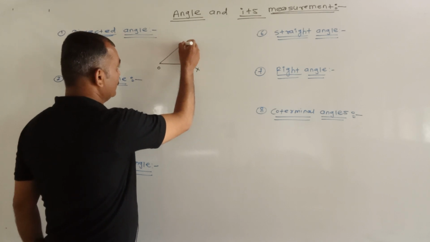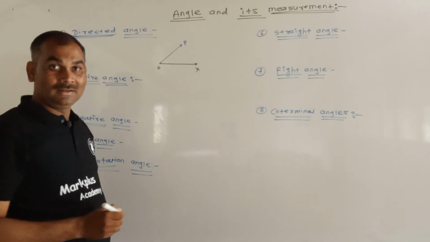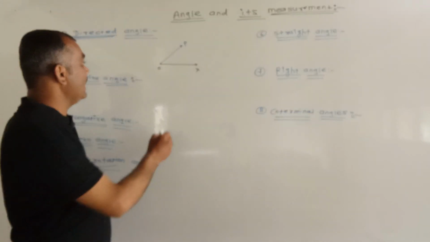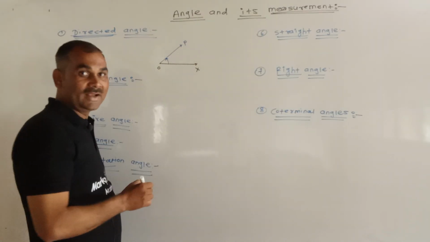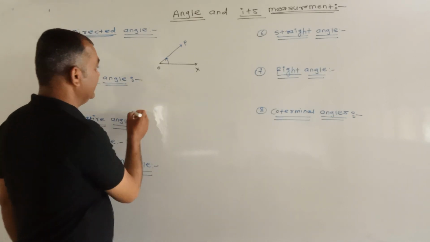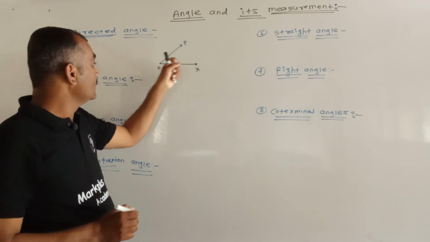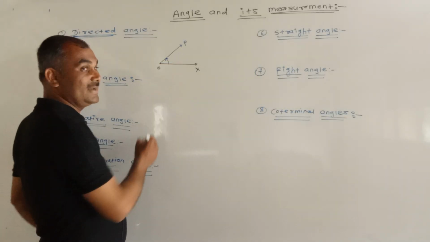Suppose this is P, we call this OP. Then the angle made by the initial ray OX and the terminal ray OP is called a directed angle.